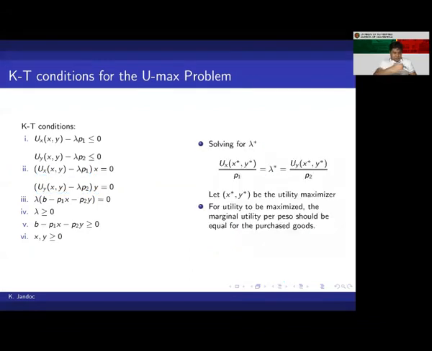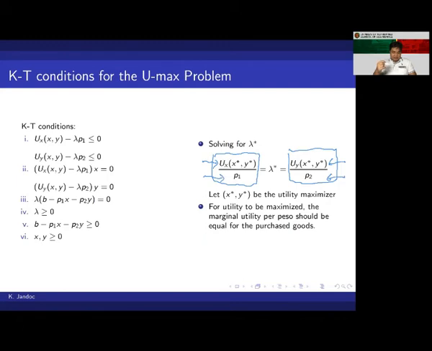Here we would just rewrite what we had scribbled in the previous slide. We have ux over p1 is equal to uy over p2. This is the marginal utility per peso of good x, and this is the marginal utility of y per peso of good y.